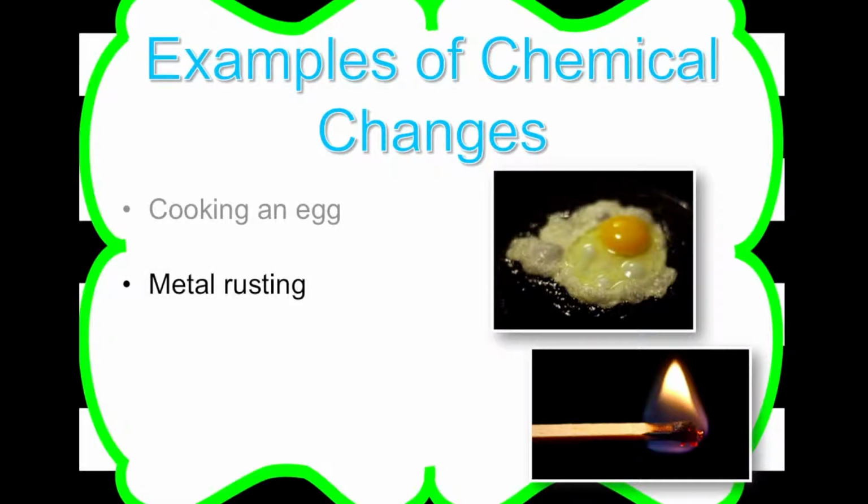Or when metal rusts, if you leave your bicycle outside and it rains and you leave it out there when it gets hot again, the metal on your bike will rust. And lastly, roasting marshmallows. You start off with those white fluffy marshmallows and you add fire, which is the chemical change. It heats it up, and you can turn it into golden brown or burn it to a crisp.